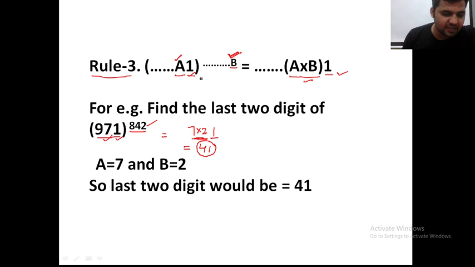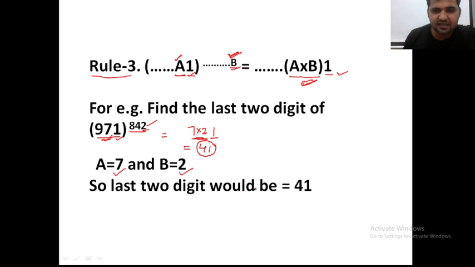Or if you want to learn it with this method, A is the digit at the tens place and B is the unit digit of the power. The digit at the tens place is 7, so A is 7. The unit digit of the power is 2, so B is 2. And A into B, as per the rule, gives the tens place digit.